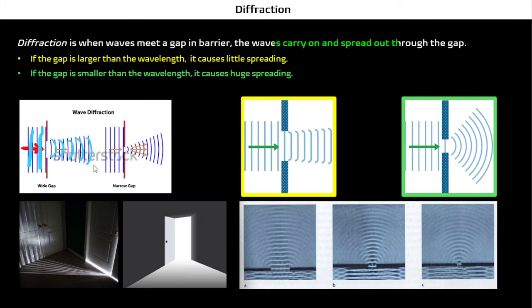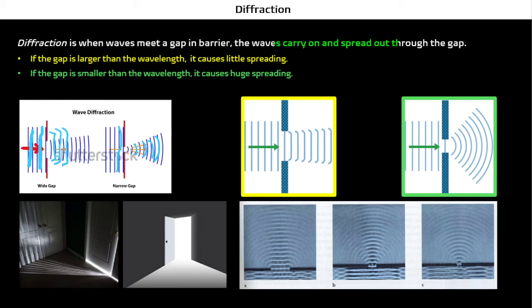But if your gap is very narrow and much smaller than your wavelength, your waves are going to go like this. I'm sorry about the first one, let me go back and rephrase this. If your wavelength is very similar to the gap, your waves will propagate like this.